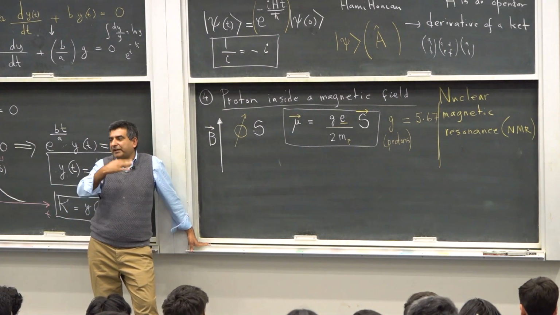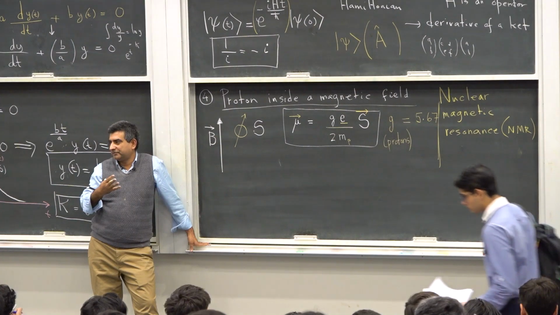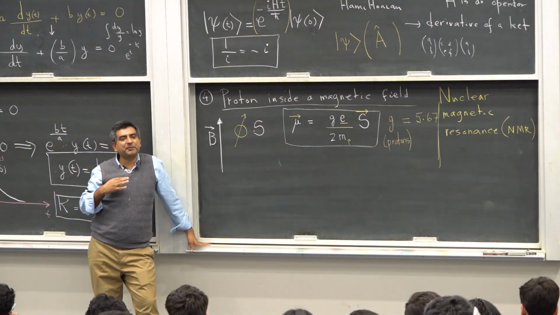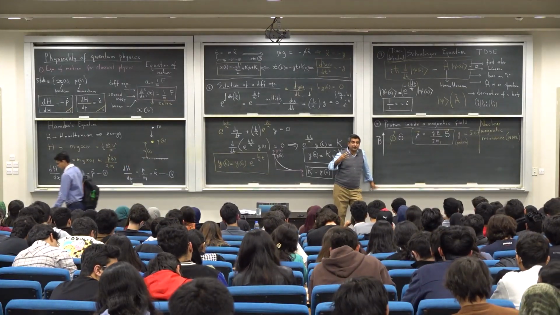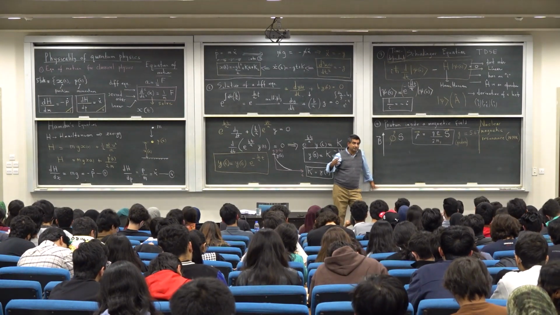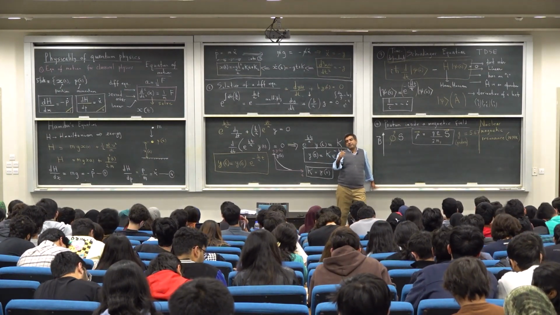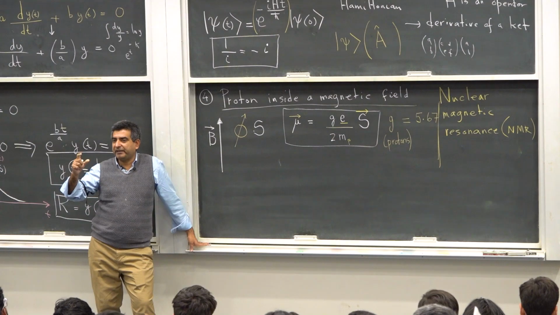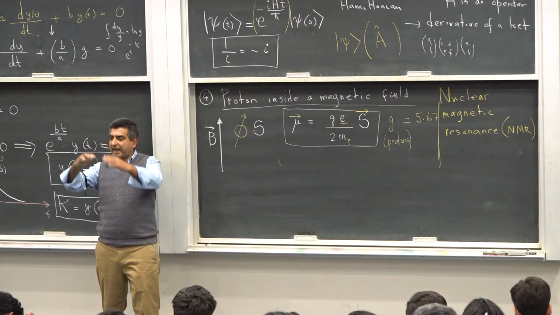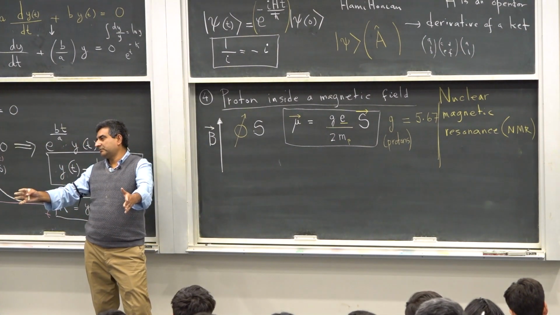It will try to align with the magnetic field. Why does it align with the magnetic field? Because that lowers the energy. We know what happens when a tiny dipole or a spin is inside a magnetic field. There is an energy associated with it.